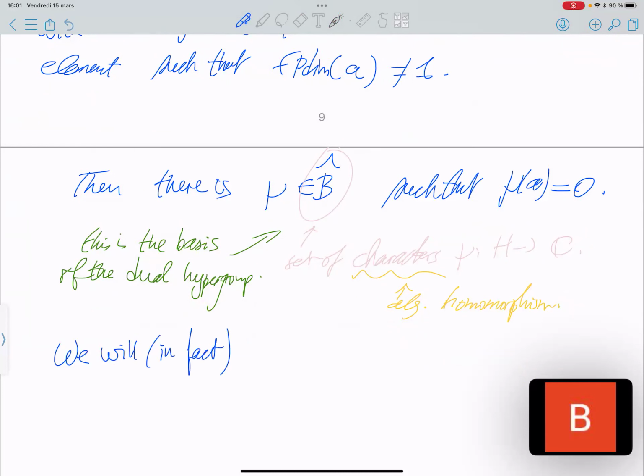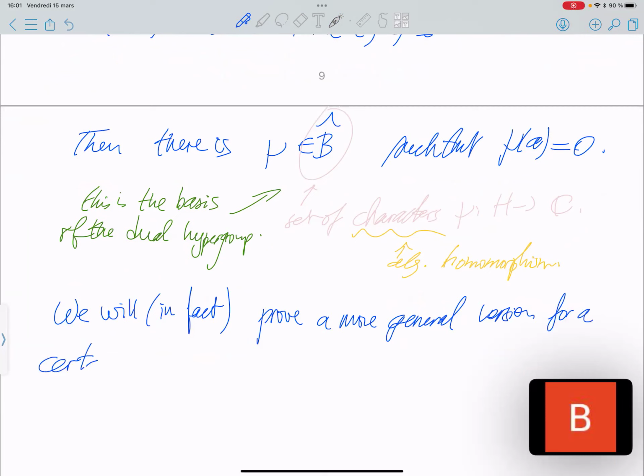We will in fact prove a more general version for a certain class of abelian rational normalizable hypergroups.